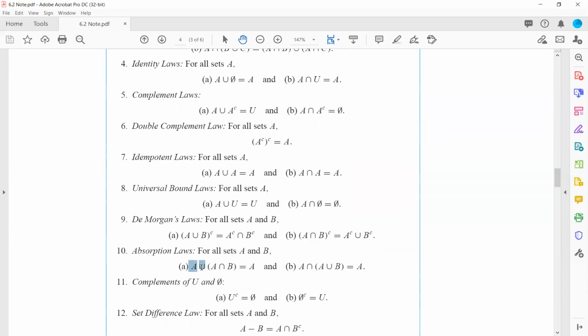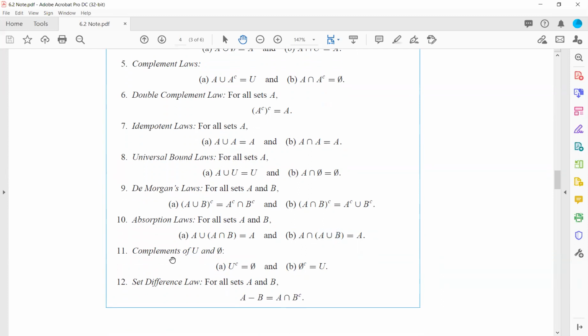A union with A intersection with any set, it doesn't matter what that set is, is always A. If you find the intersection between A and A union with any set, the result is A itself.